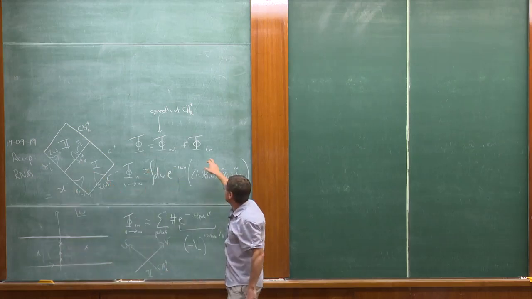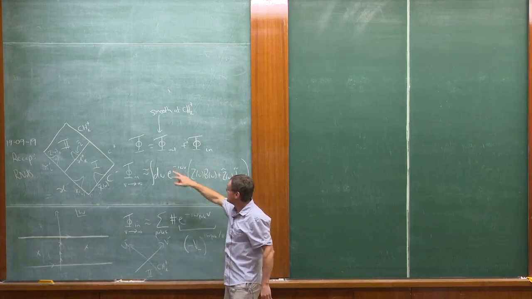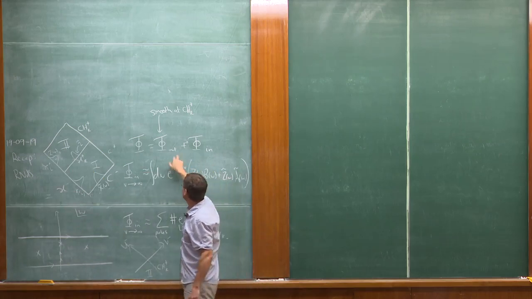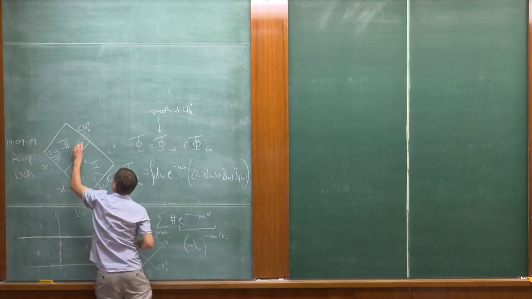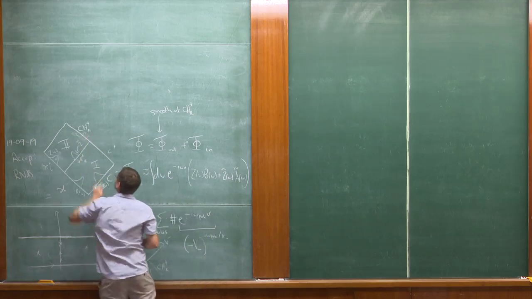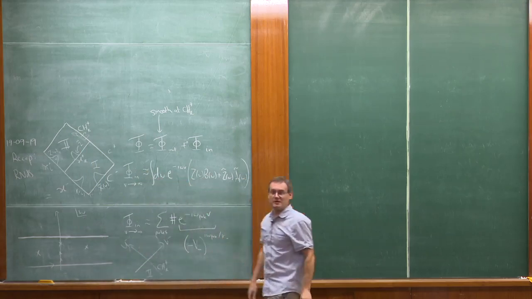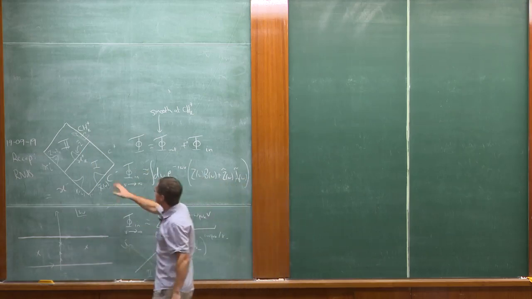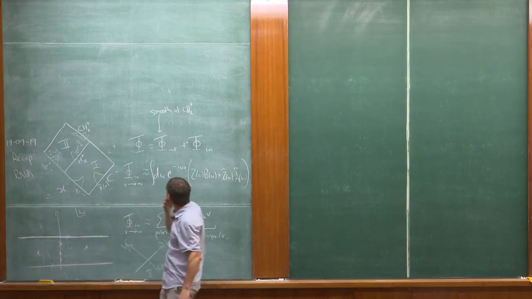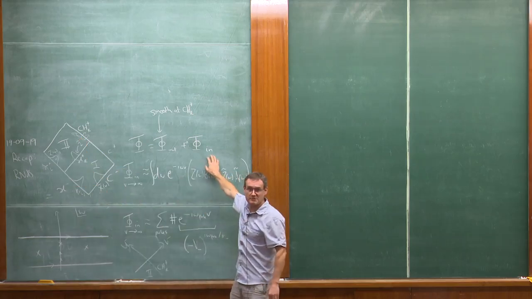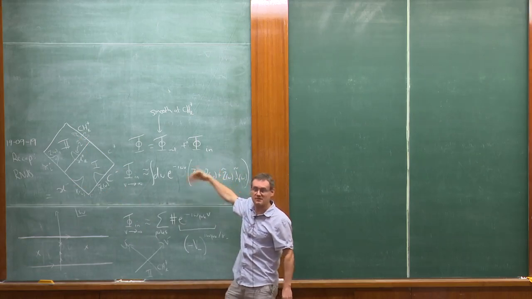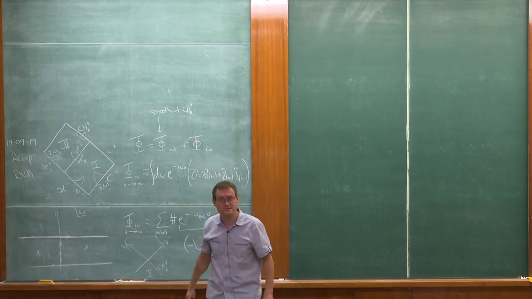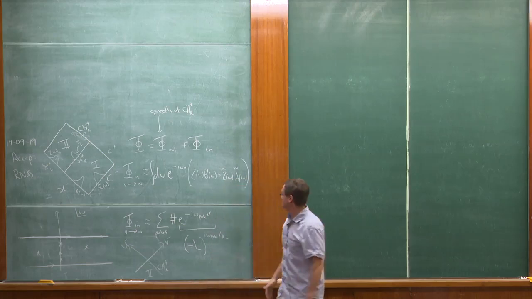So we saw that we could split the solution phi into two parts, an outgoing part and an ingoing part. So outgoing means it's doing this, ingoing means it's doing this. The outgoing part is smooth at this point of the Cauchy horizon, and the ingoing part in general is not smooth. And so that's the interesting part for us. This is the part that's going to enforce strong cosmic censorship if it's going to be enforced.